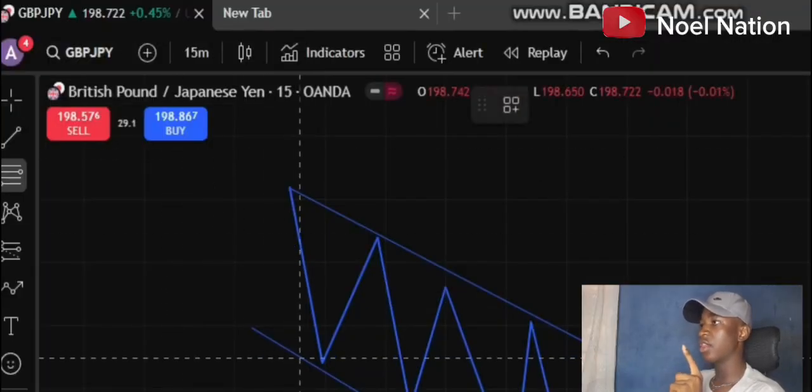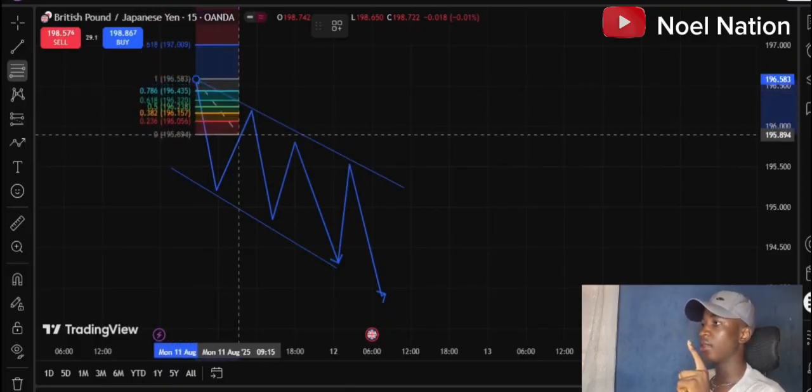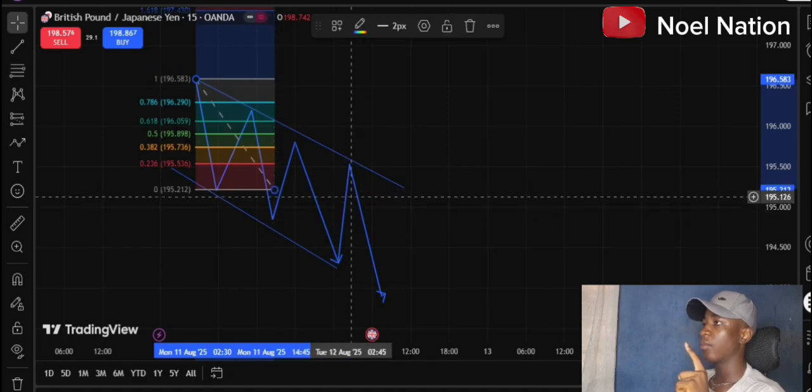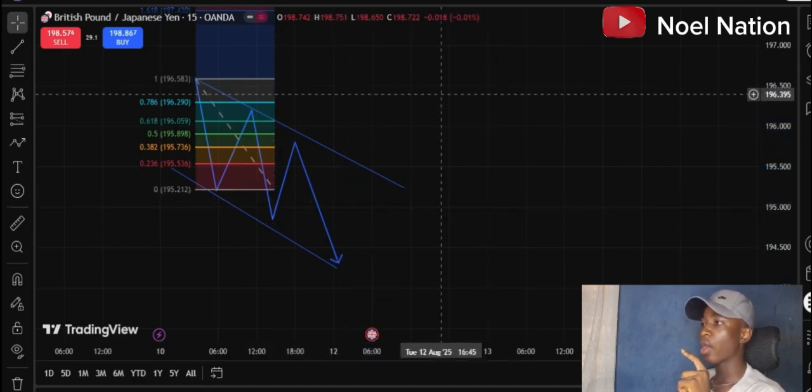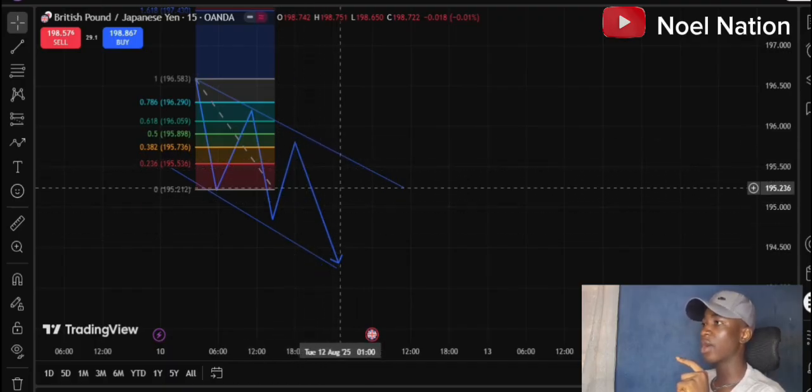So in Fibonacci retracement, you can map out from the highest point of the market to the lowest. Let me delete this first. Because remember, we want to follow the market down back.